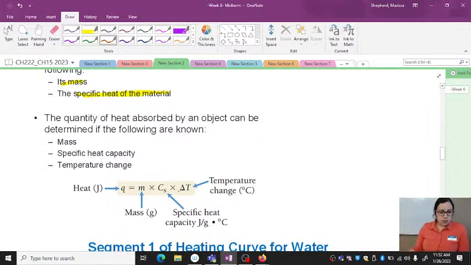So just watch your units. And so in this case, again, just our general formula, our heat is equal to, if the specific heat is given to us in these units, then it's equal to the mass times the specific heat times our change in temperature. So just, again, watch your units, watch that everything matches up.